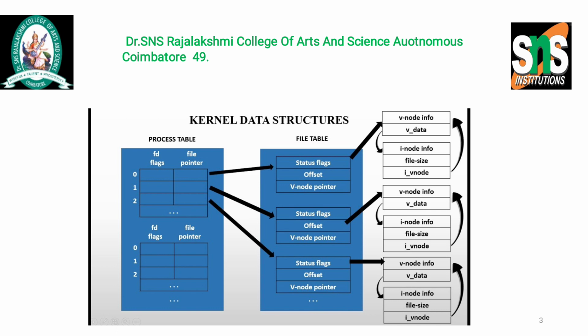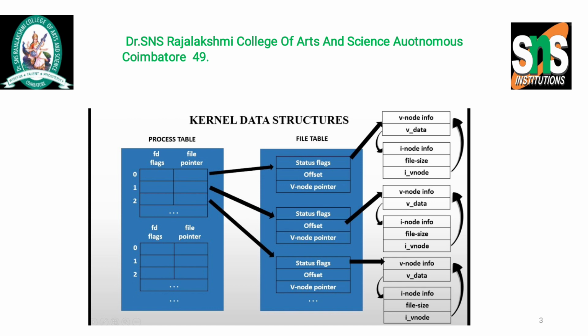Each process ID denotes a separate process. The file table contains information about the file and the status of the file, and the flag value, which represents the pointer or address of a particular file. This is stored in the file table. The vnode table contains information about the data and node of the data, and the address of the current node of the data. After that, the size of the file can be maintained in the vnode structure.